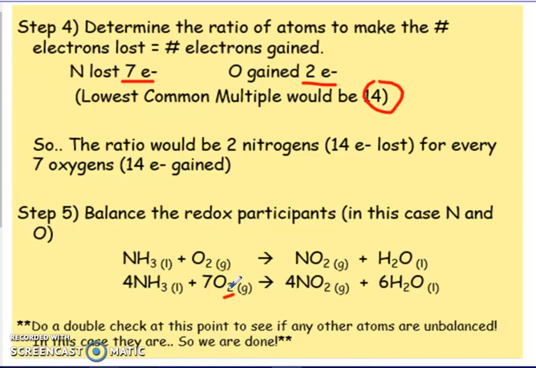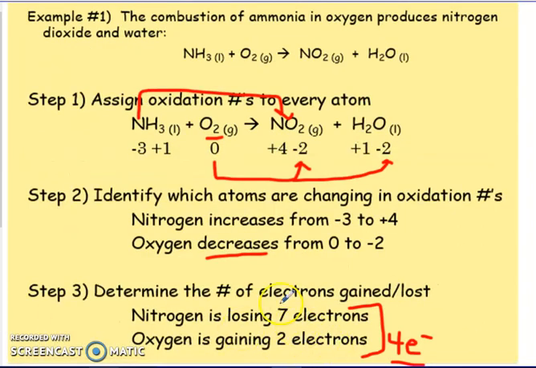So technically, we would need to have 14 oxygens in total and 4 nitrogens in total. So let's go back here for a second. So we have 7 versus 4. So our lowest common multiple here is going to be 28.